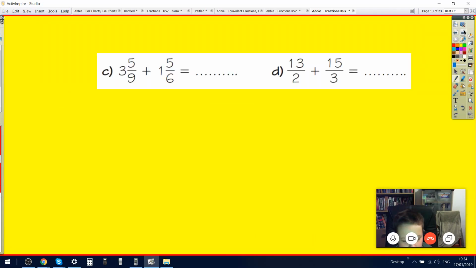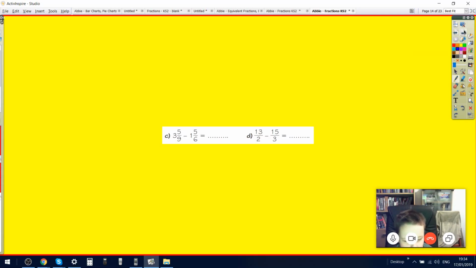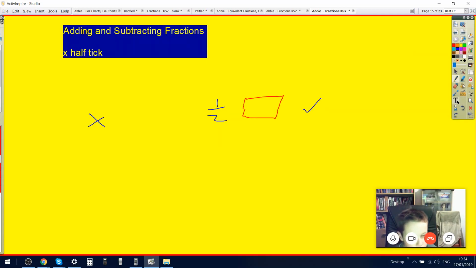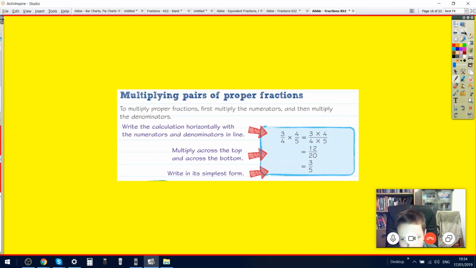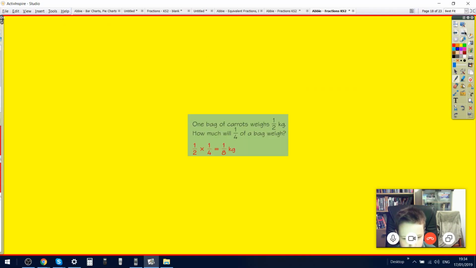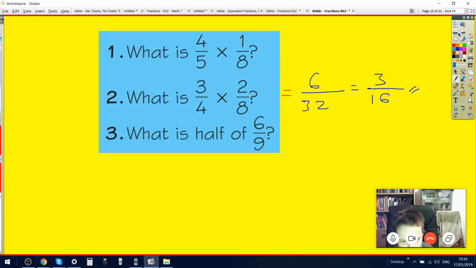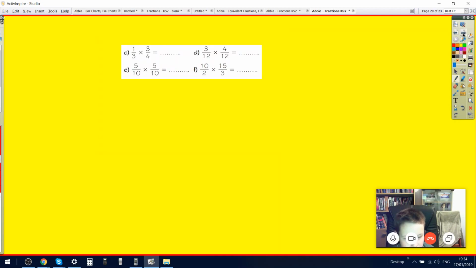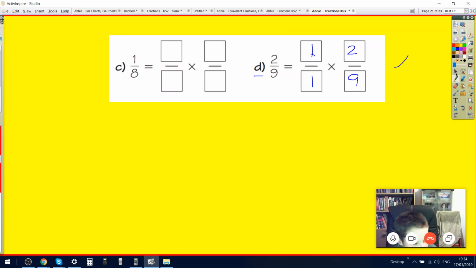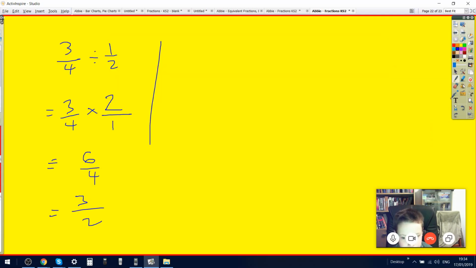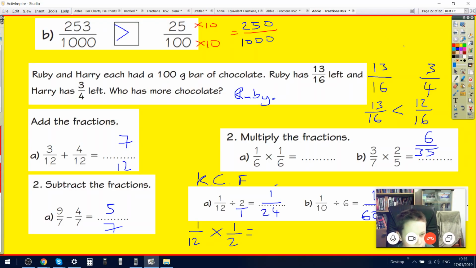Well, I think first of all you work out the smallest number the denominators will both go into. Yes, so you first get a common denominator. And then you go from there. I think you might be good for that.